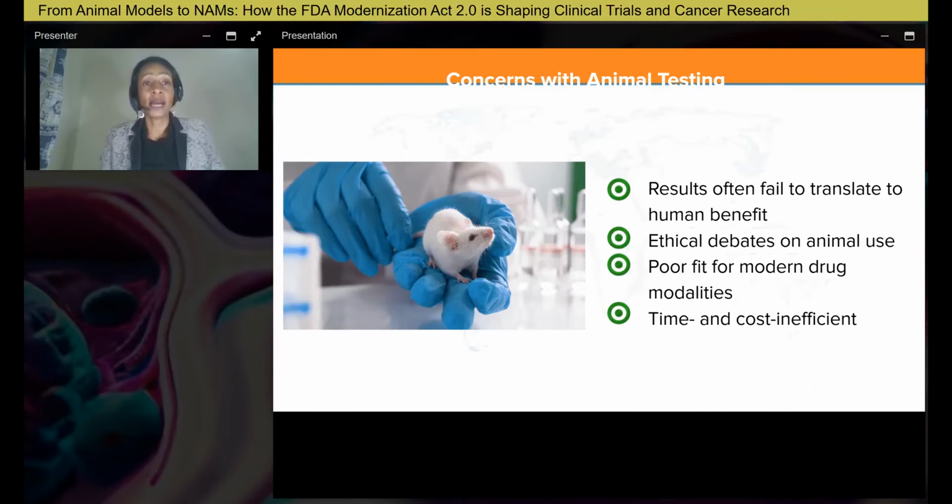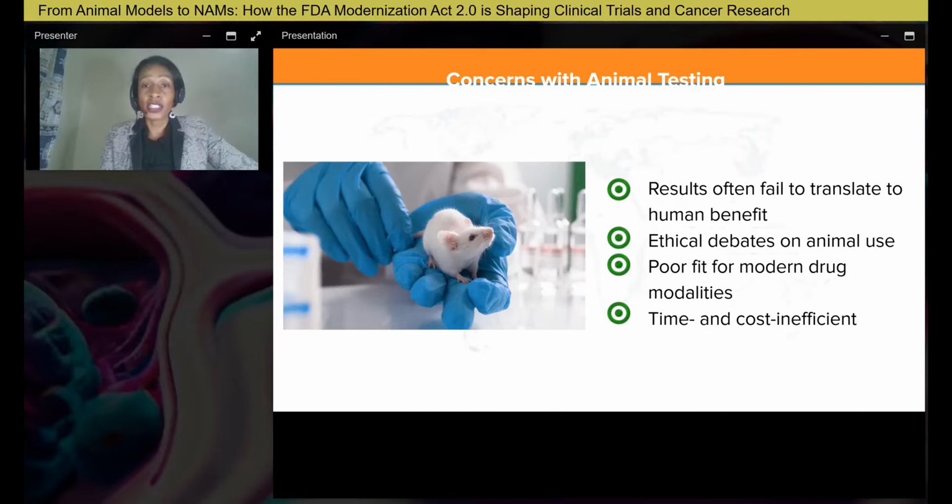So let's look at some of the concerns that had been raised to do with animal testing. Animal rights activists had raised ethical concerns about the use, or as some would call it, the abuse of animals in studies that primarily benefit humans. In addition, there's been an issue of poor translatability of results from animal models to human models.